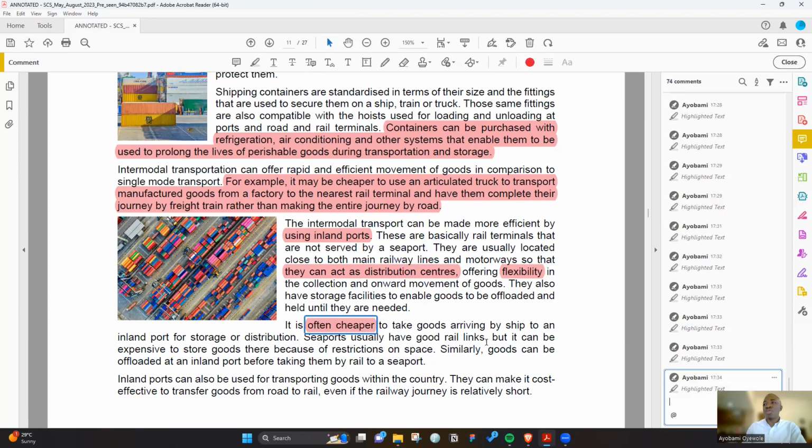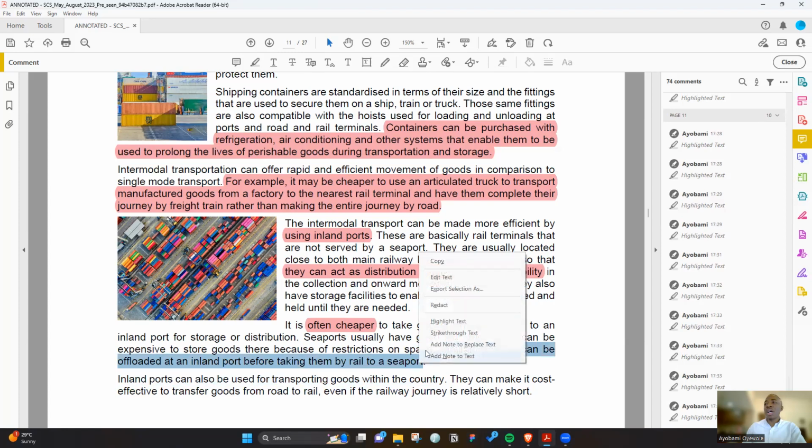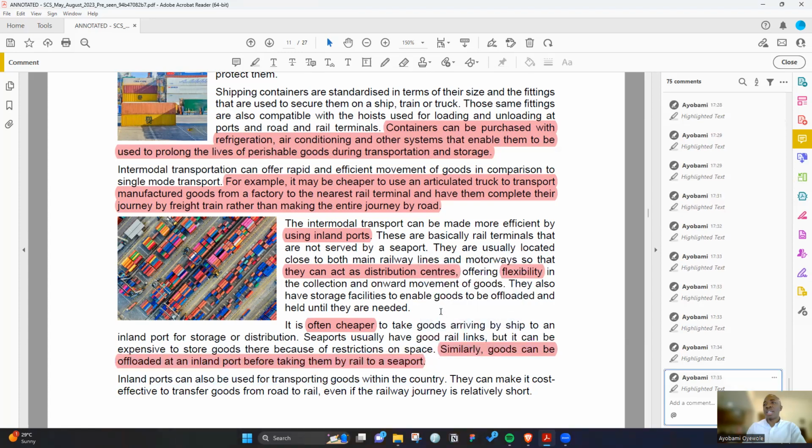Seaports usually have good rail links, but it can be expensive to store goods there because there are restrictions on space. So we go for inland ports. Similarly, goods can be offloaded at an inland port before taking them by rail to a seaport. So inland ports look like a very strategic unit in intermodal means of transportation.